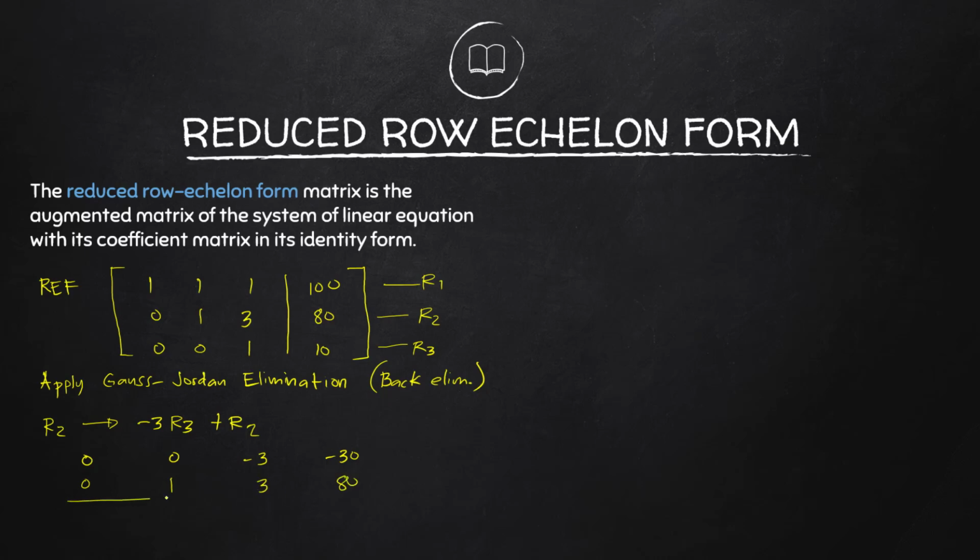We will arrive with the new row 2: 0, 0 plus 1 is 1, negative 3 plus 3 is 0, and this will become equal to 50. This is our new row 2.